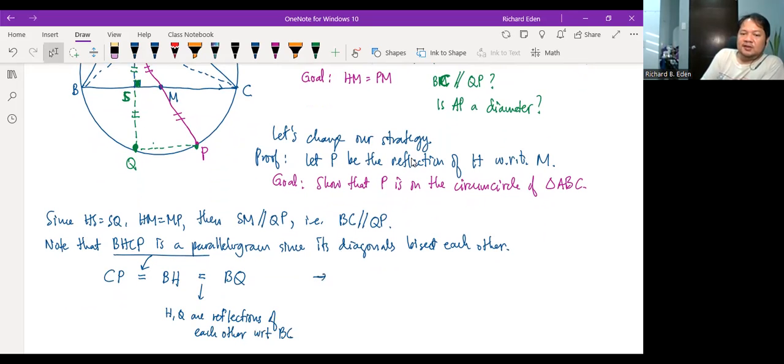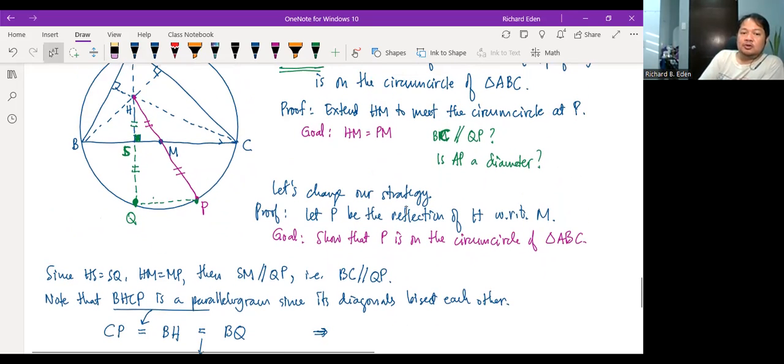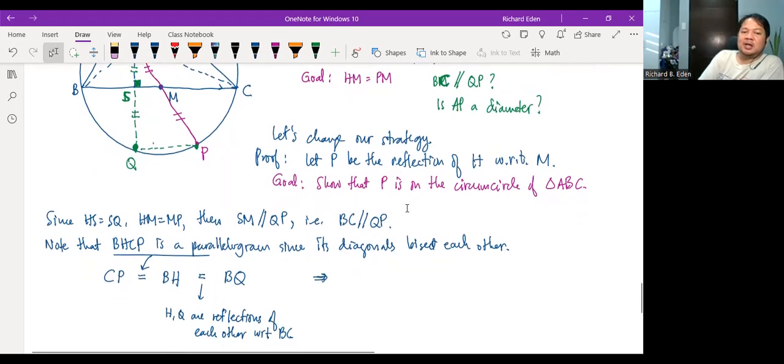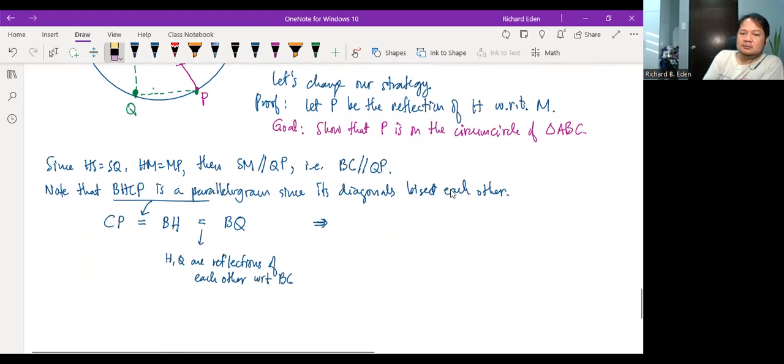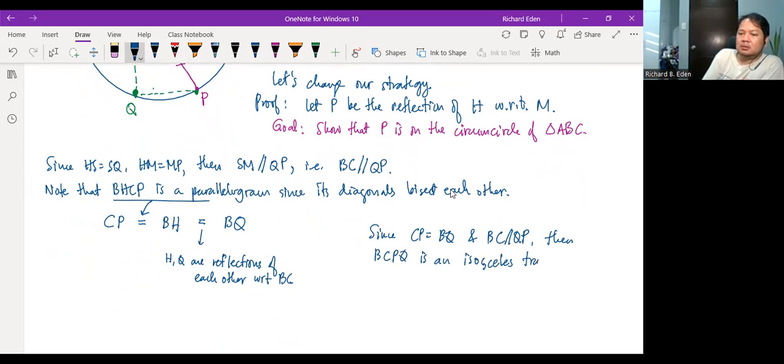And so from CP equal to BQ, along with the fact that BC and QP are parallel, since CP equals BQ and BC is parallel to QP, then BCPQ is an isosceles trapezoid. So it is cyclic.